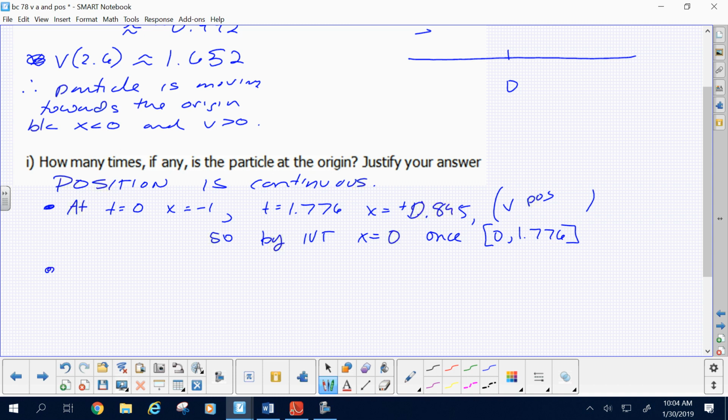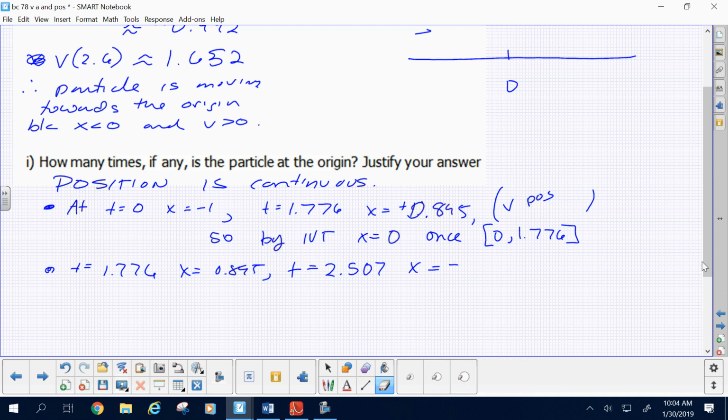Similarly, at time equal 1.776, x is 0.895, but later at time equal, what's the next time? 507, x is negative 0.567, 9.